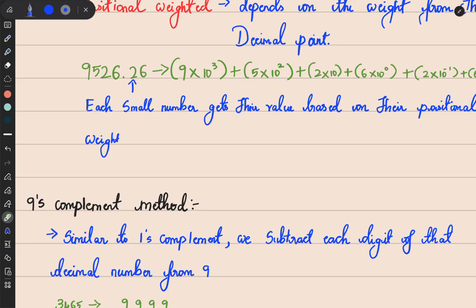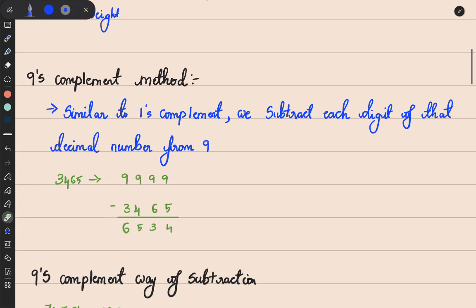Next, we'll see a method called the 9's complement method. This method is somewhat similar to the 1's complement method. In this method, we subtract each digit of the decimal number from 9.